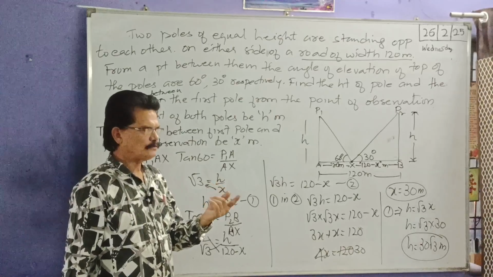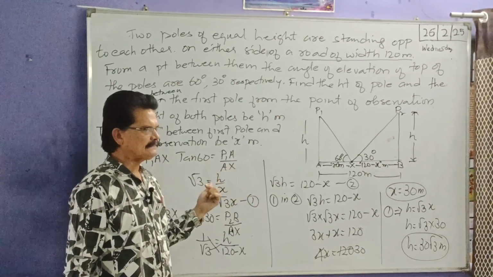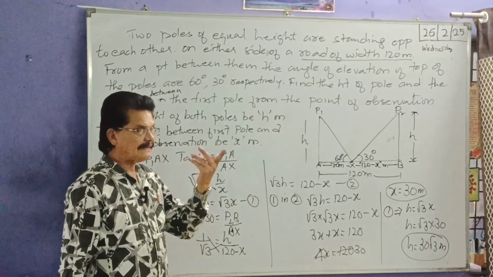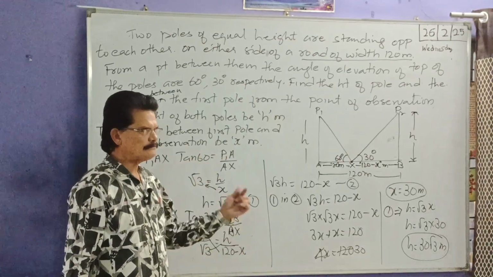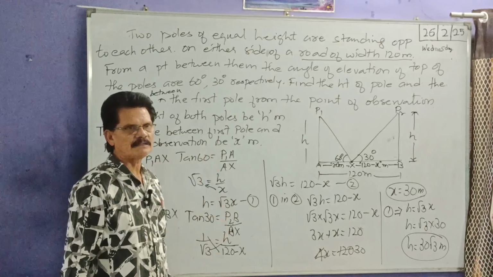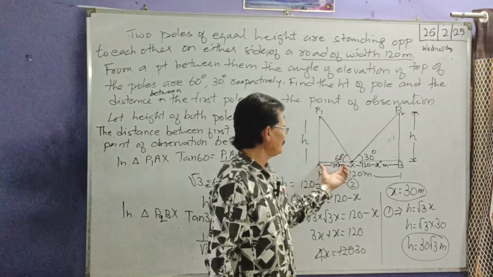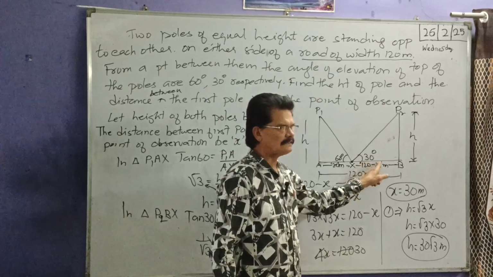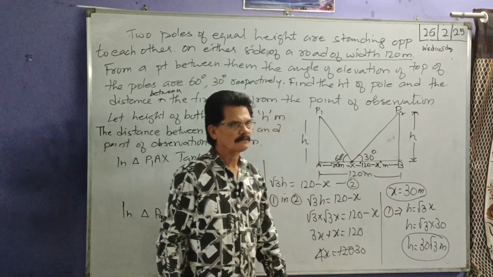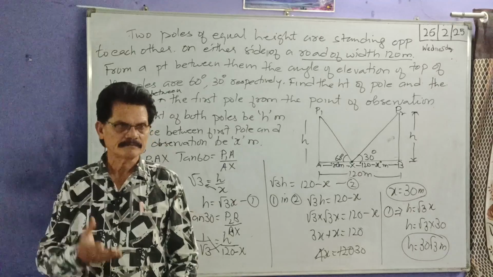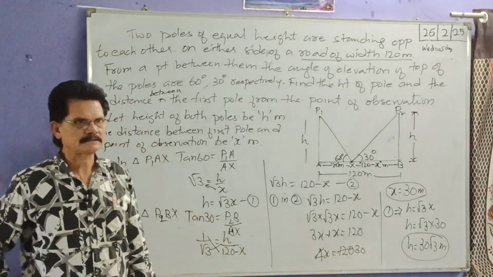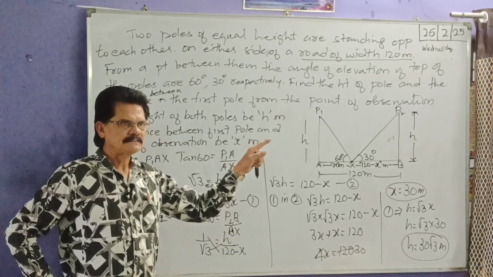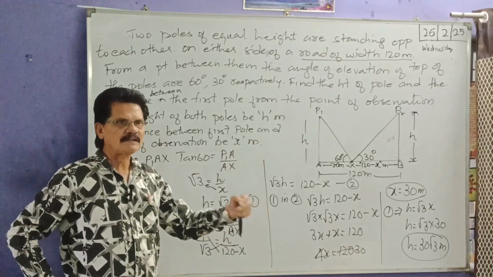So if the first pole distance is 30 meters, what is the second pole distance? 90, because together it is 120, so 120 minus 30, 90 meters. The second pole is 90 meters away, and only 30 meters from the first pole.